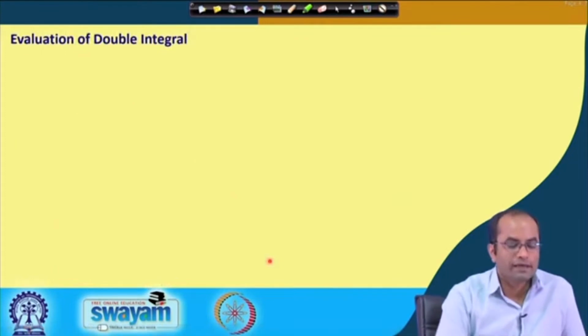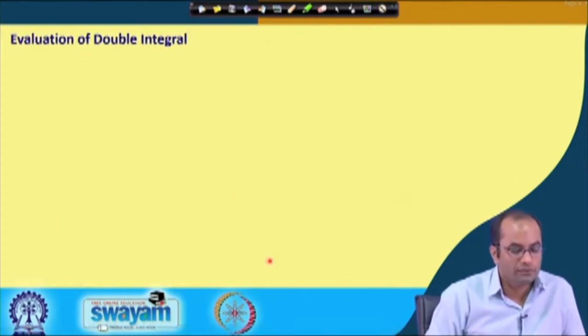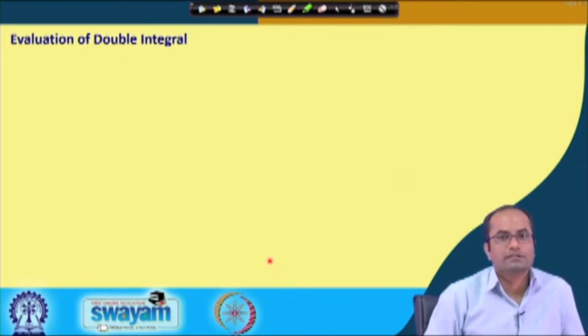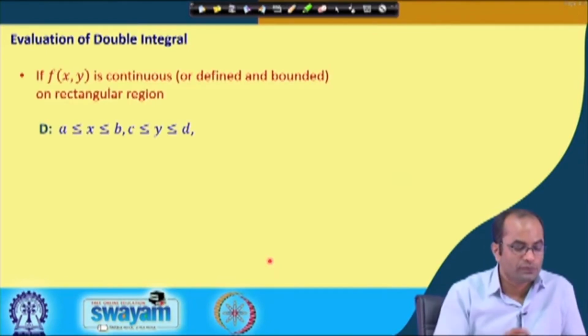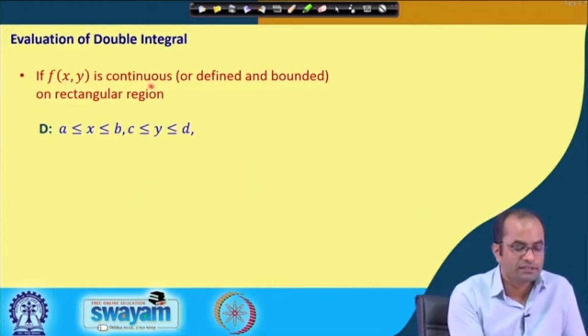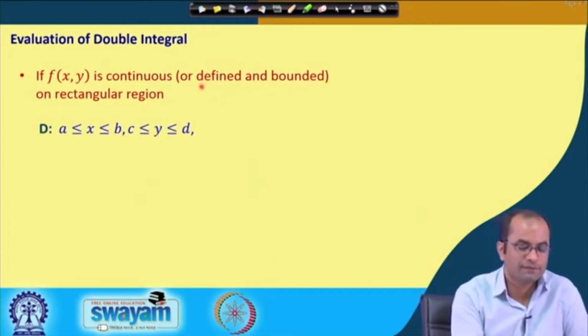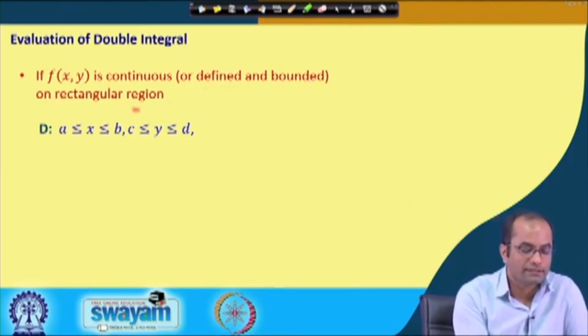Now, coming to the evaluation. For the evaluation we will first consider a simple scenario. If f(x,y) is continuous, or defined and bounded, then this integral will exist on the rectangular region.